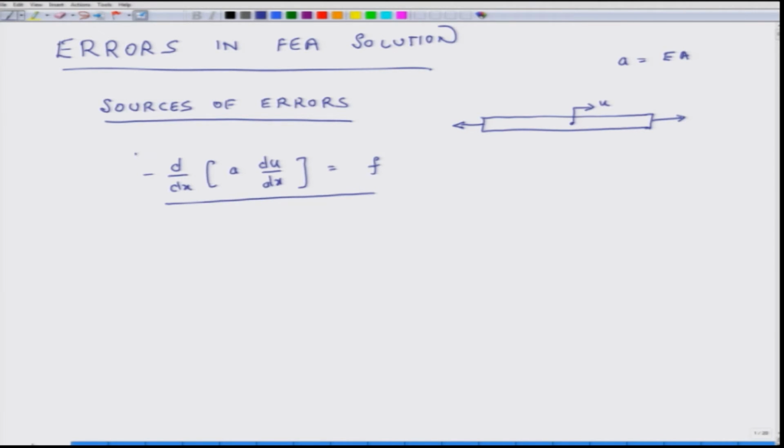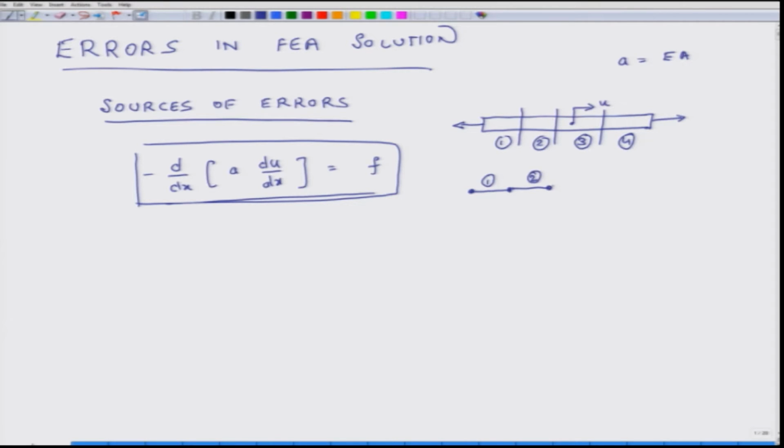So, this is the governing second order differential equation, and if we are able to solve it, we can get the solution for this bar problem. The first step, we said, was that to do finite element analysis we have to discretize this bar into several elements. So, this is element 1, 2, 3 and 4.